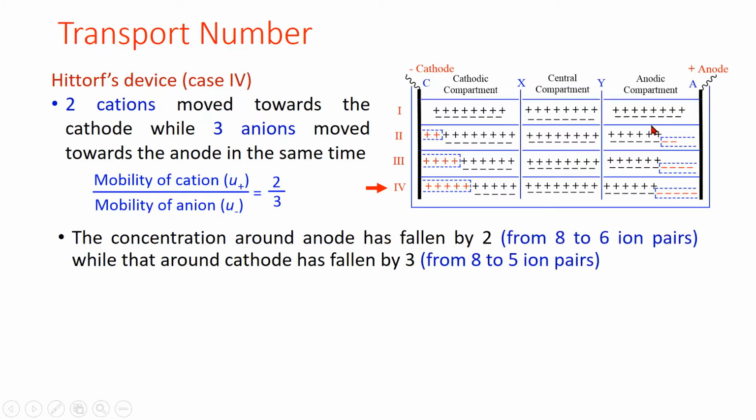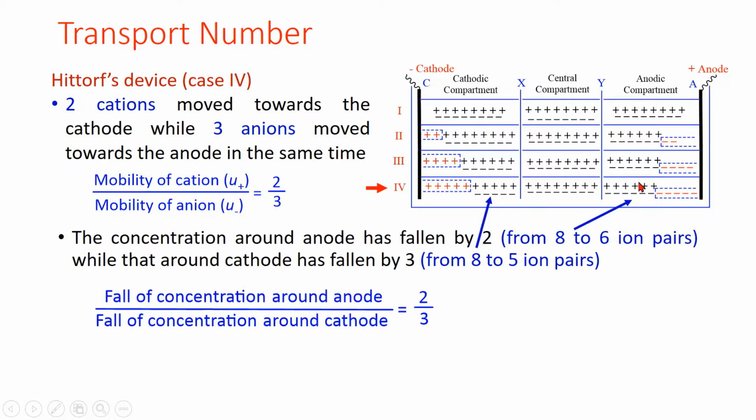The concentration around the anode has fallen by 2. Earlier it was 8 ion pairs, now we have 6 ion pairs. While the concentration around the cathode has fallen by 3. Earlier we were having 8 ion pairs, now we have 5 ion pairs.